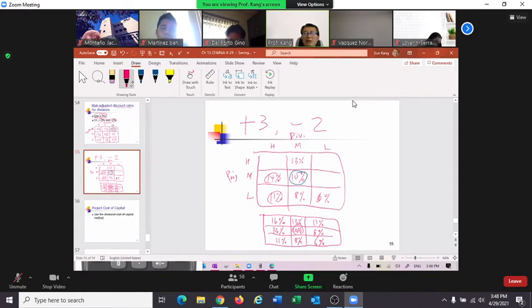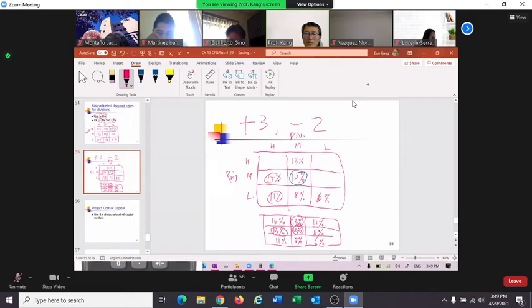So everything from the middle is plus 3 minus 2. Let's say if you are here, middle, right? Plus 3. So I'll show you this. If you are here, 13%, plus 3 minus 2, right? If you are here, 10%, plus 3 minus 2. If you are here, plus 3 minus 2. And also, in the middle is here too.